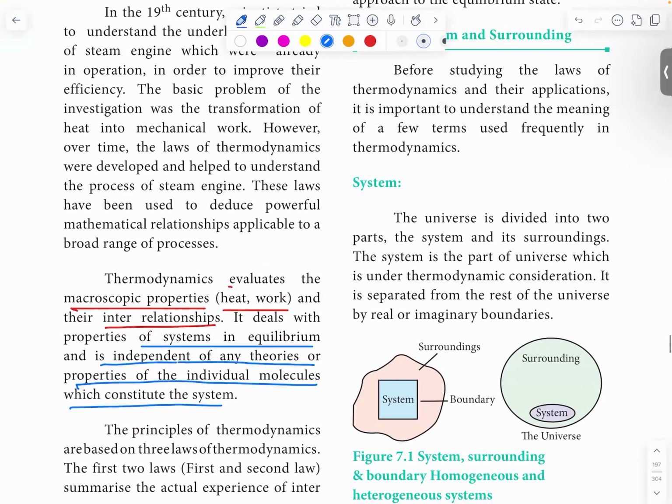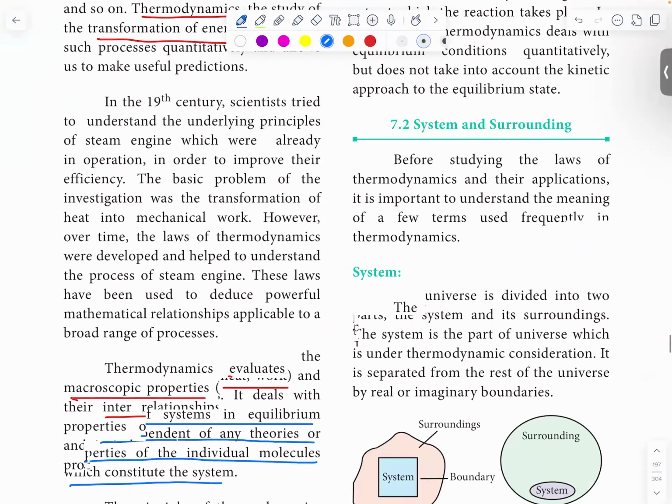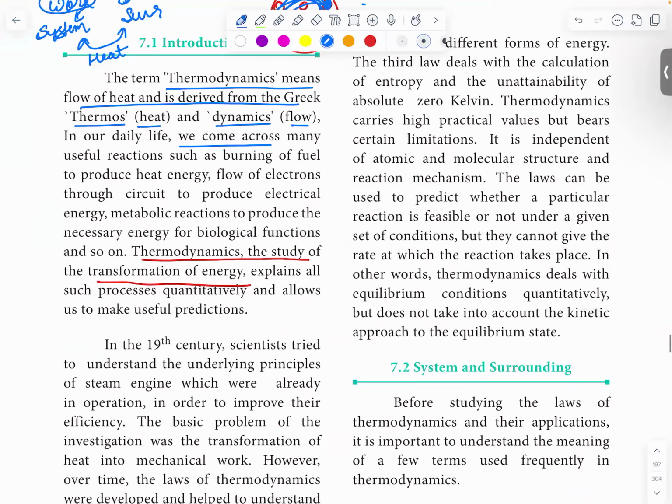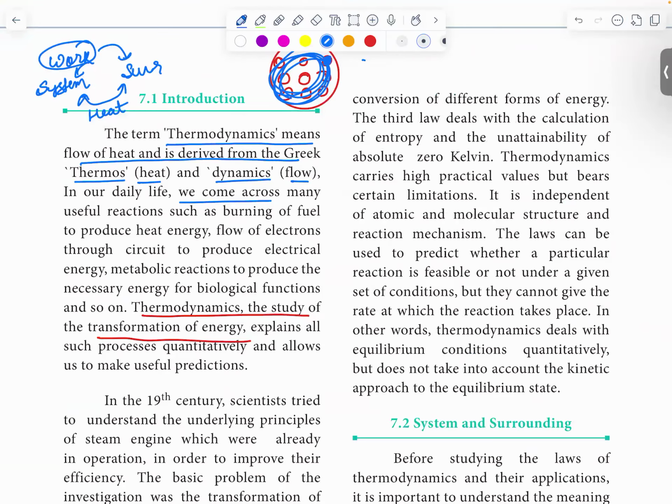The principle of thermodynamics is based on the first law, second law, and third law. But definitely the first and second laws are very much fundamental laws. Remember, guys, the first and second laws are very much fundamental.